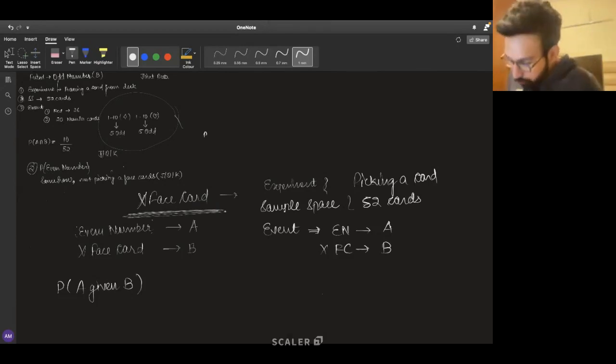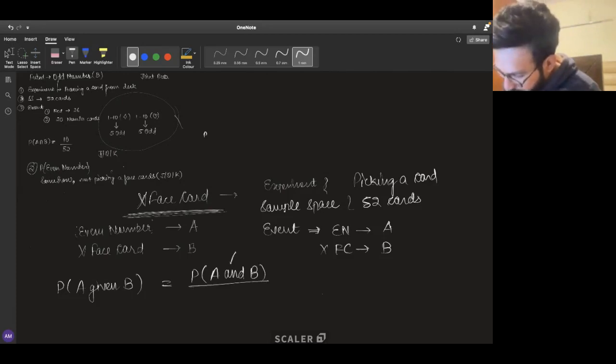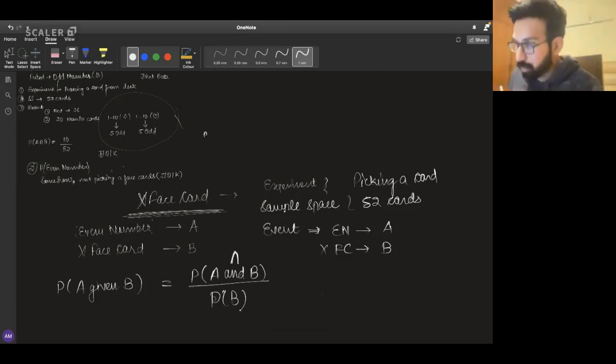Let's talk about the formula first, and we'll get into the details of why it is so. The formula for this would be P(A and B), where A and B can also be written as the intersection. And then this is scaled with the probability of B. What does it mean to calculate the probability of A and B?